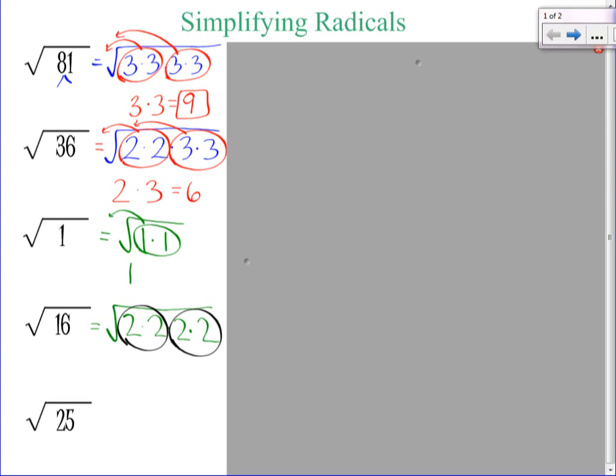We take those out, we've got 2 times 2, which is 4. Yes, this seems completely ridiculous to do because I know that you know that the square root of 16 is 4. But we're doing this for a reason, and I promise we'll get there. 25. 5 times 5, we've got a pair of numbers, we take that out, we get 5.